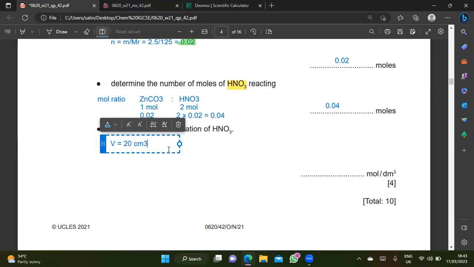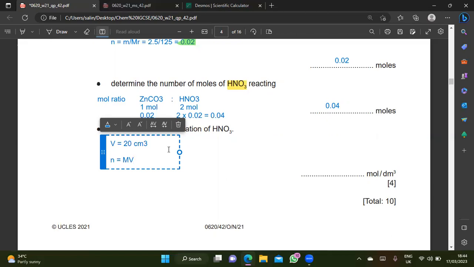What is the formula to find the concentration? I have to use the formula n equals to molarity, which is the concentration, multiplied by volume. This is a formula for you to remember. n equals to MV.